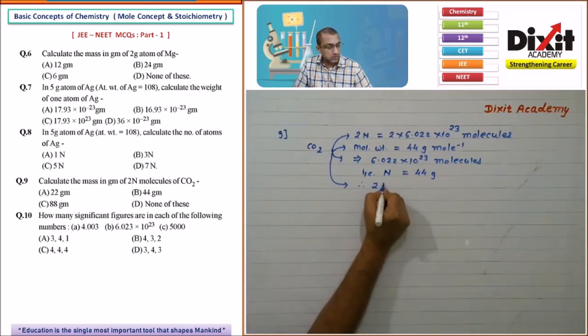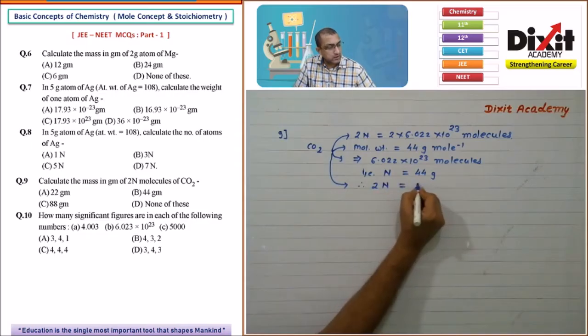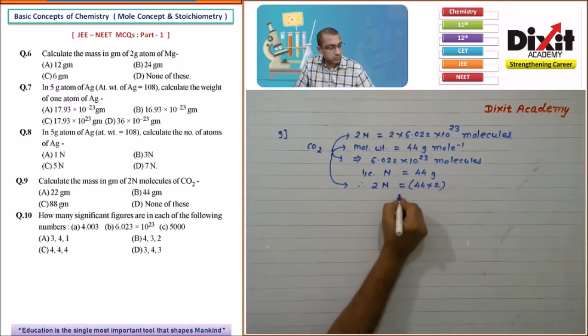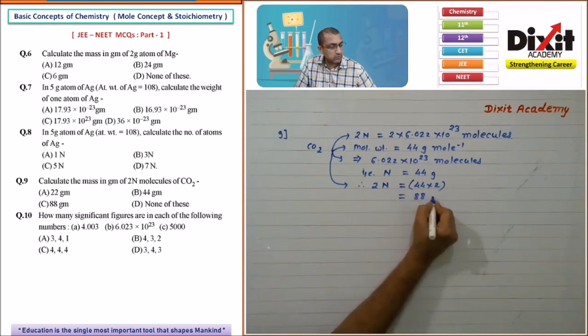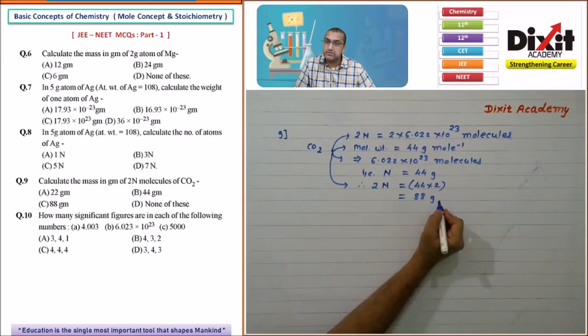Therefore 2n will weigh 44 into 2, that is equal to 88 grams. Option A is C.